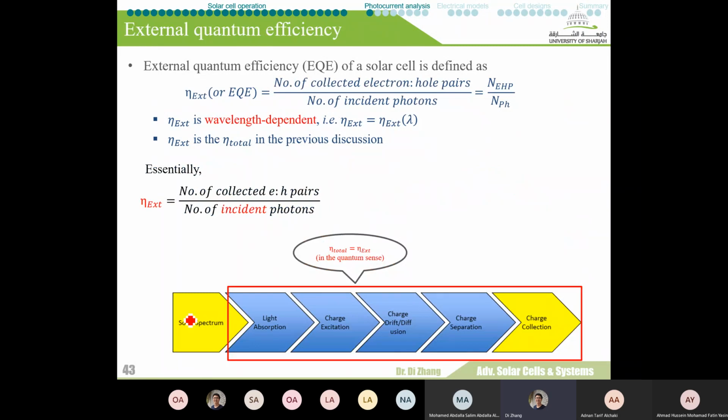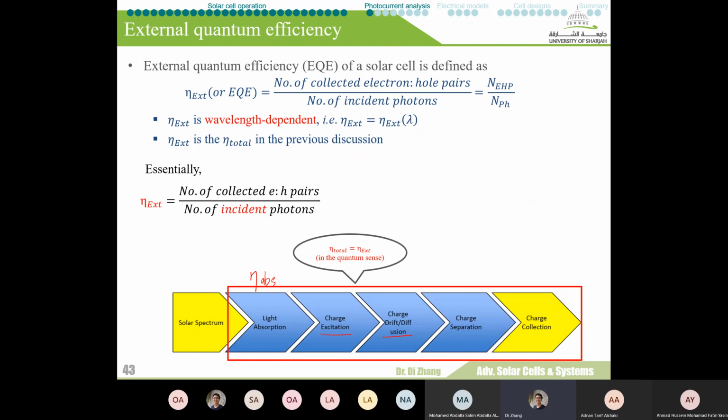Remember, typically we started from here, the absorption, and for that, we talked about how we can calculate the absorption efficiency, I think in the very beginning. Then there is the excitation process, which also depends on a certain excitation efficiency. There is the drift or the diffusion process, typically the diffusion.